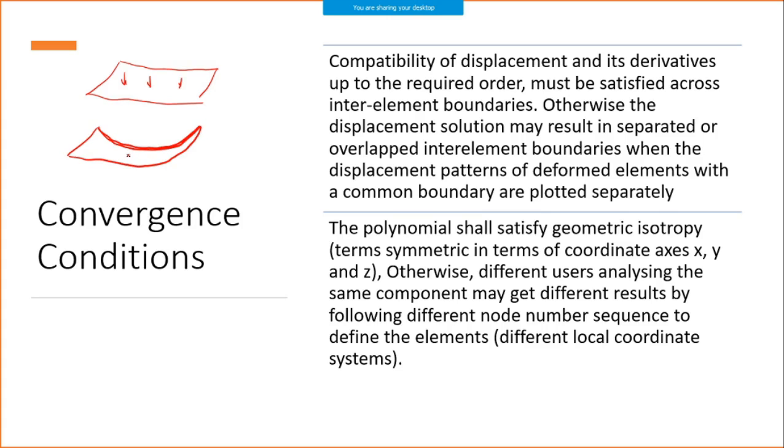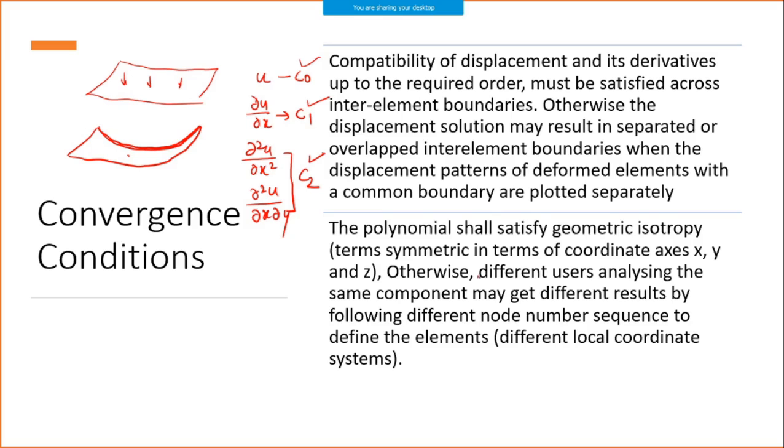Whatever the derivative, u is C0 type of compatibility, du by dx is my C1 type, and d2u by dx square or d2u by dx dy is the second derivative, that's what is called C2. Each should be satisfied whenever you move from one element to another, and that's C0, C1 and C2 compatibility, whenever you are doing plate analysis.